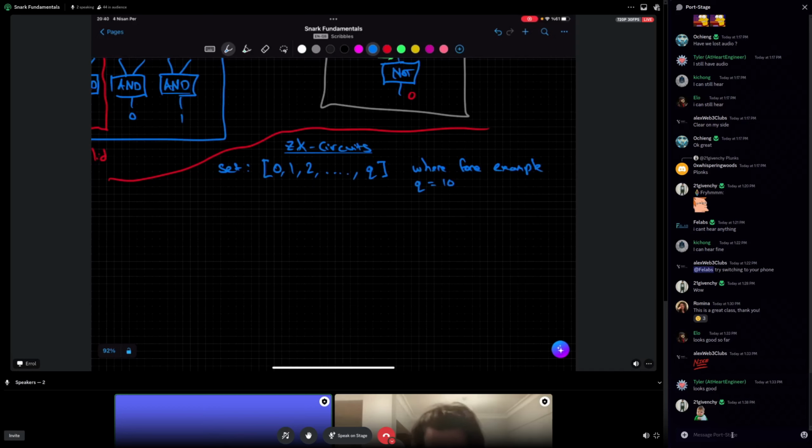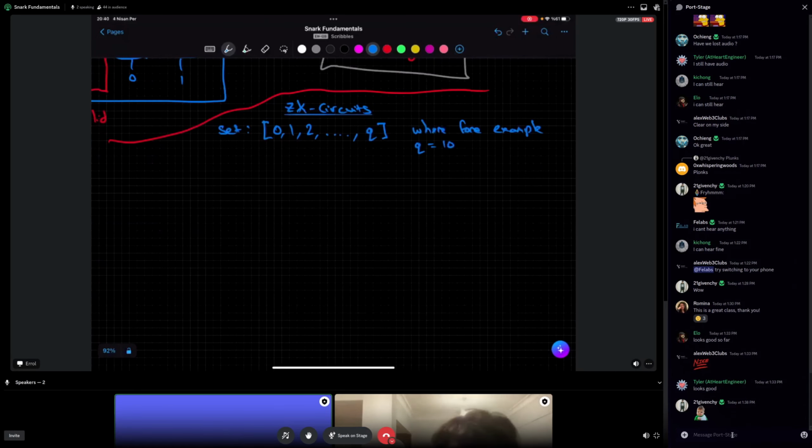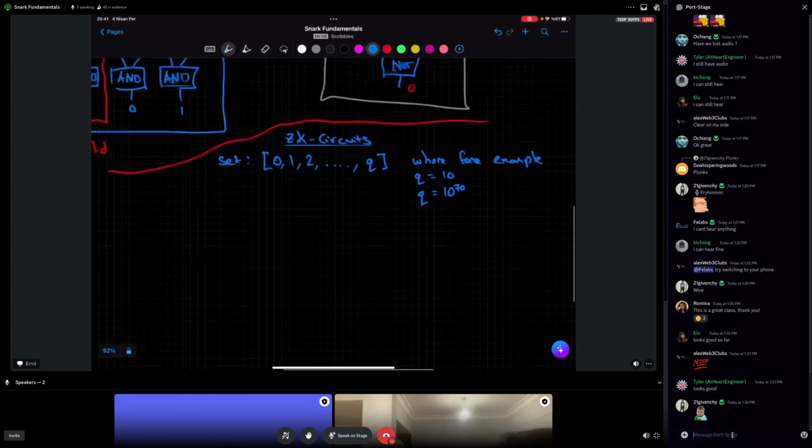Okay, let's just do a small number. In reality, we're actually going to have Q be a huge number, around 10 to the 70 or 80, one of those two, which is roughly the number of protons in the universe. So it's a very big number, and that's where a lot of our security derives from, the fact that there's so many possible numbers.